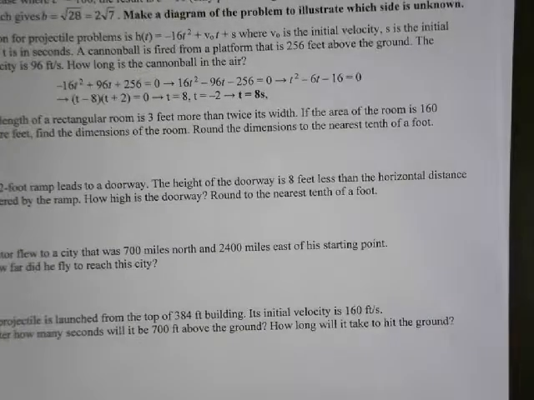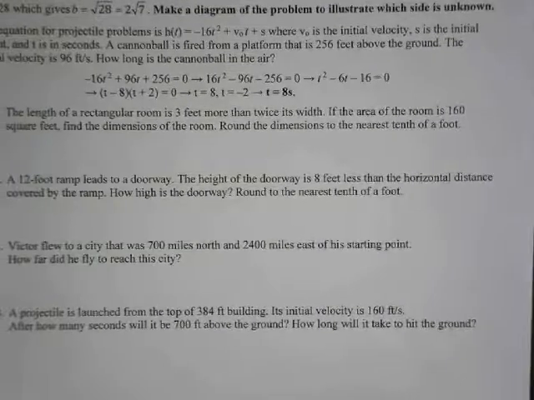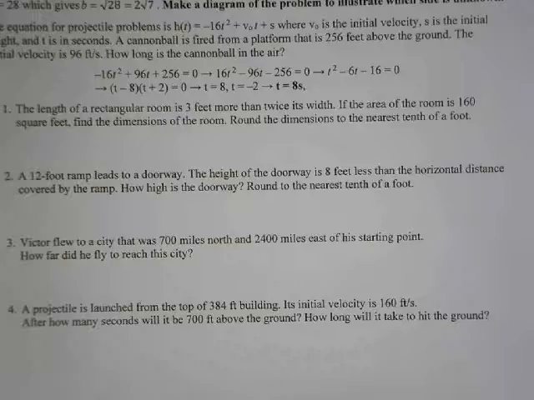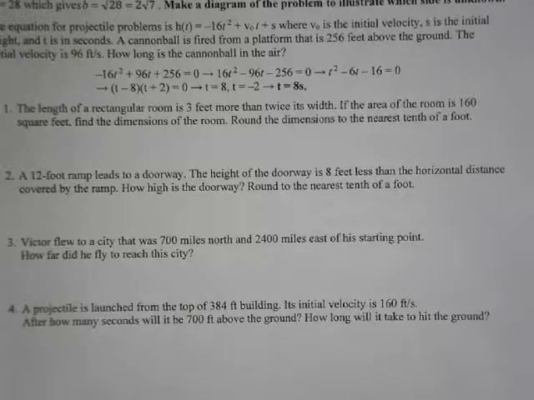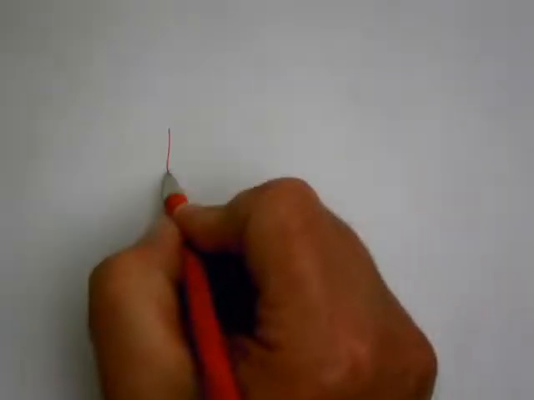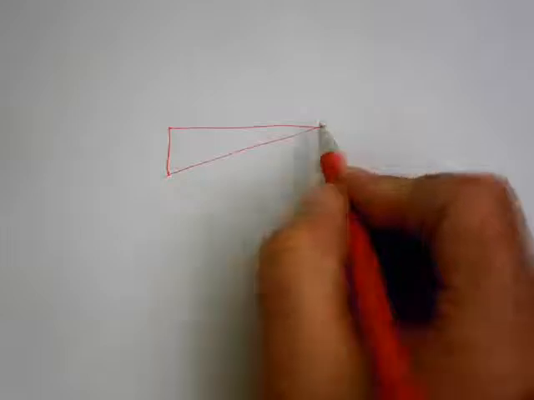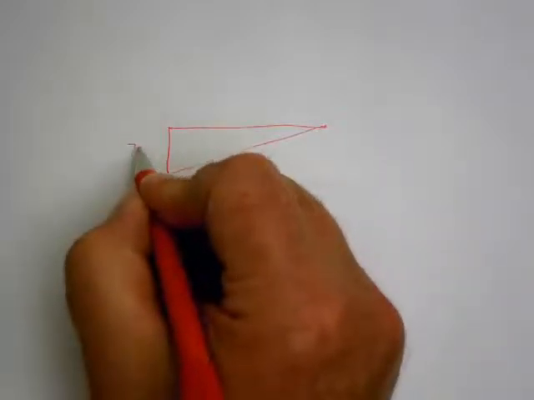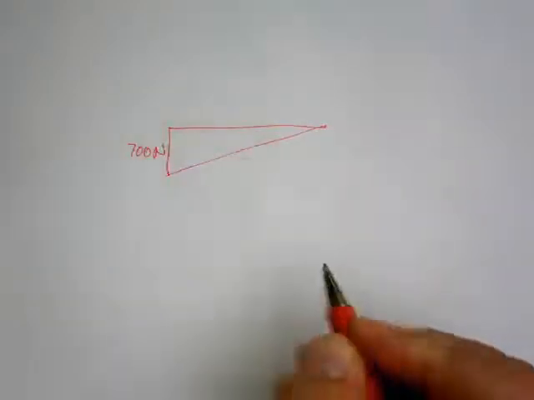All right, next up, Victor flew to a city that was 700 miles north and 2,400 miles to the east of his starting point. How far did he actually fly? So again, make a picture. Here's the north part. Here's the east part.